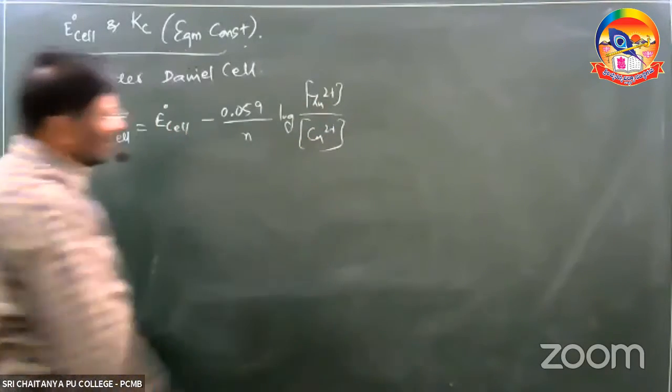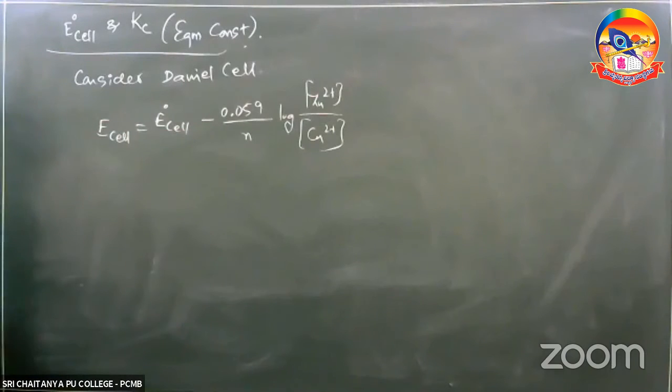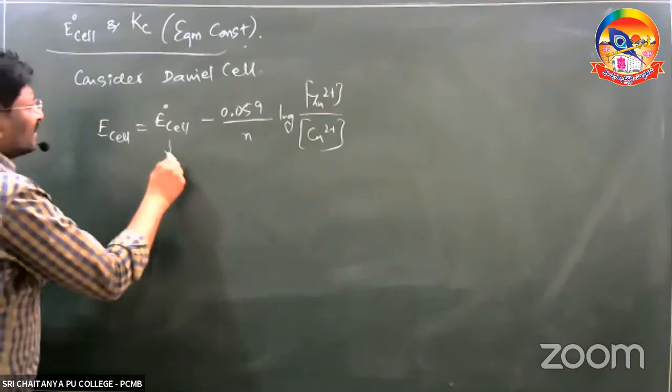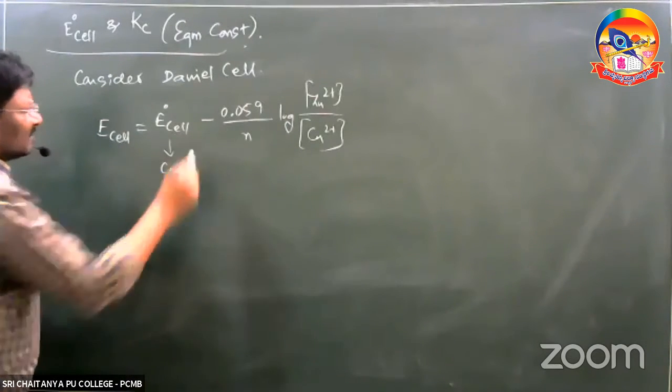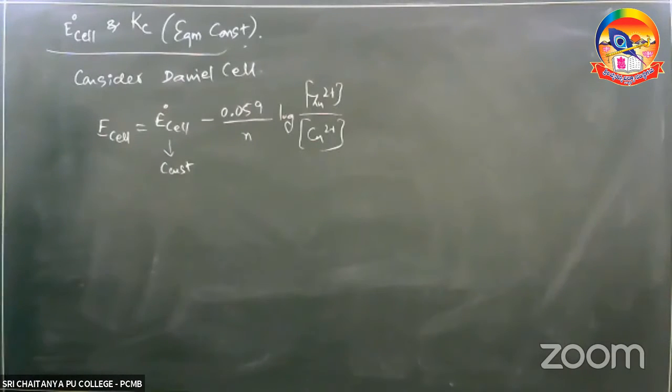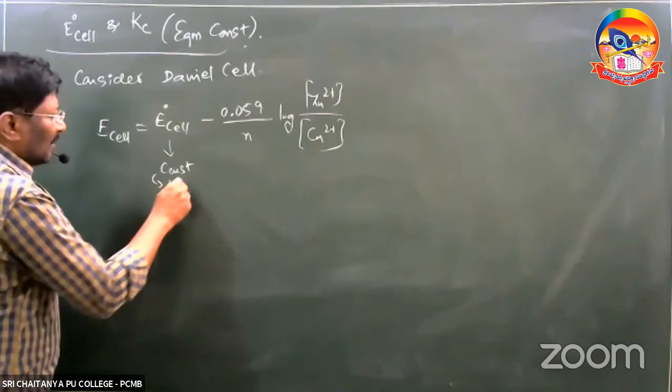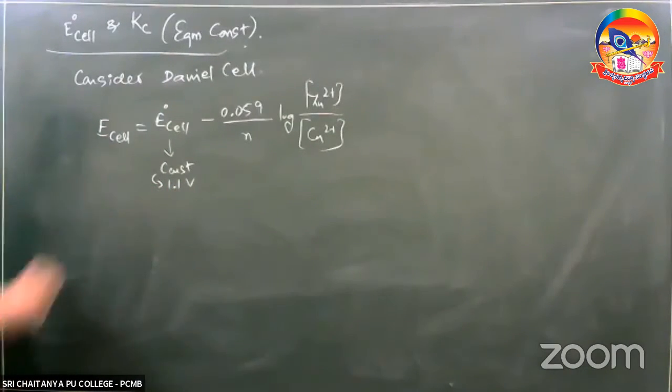Is it not? That is the way we write. One important thing: is this constant or not? It is constant. The value is 1.1 volts. You know that very well.